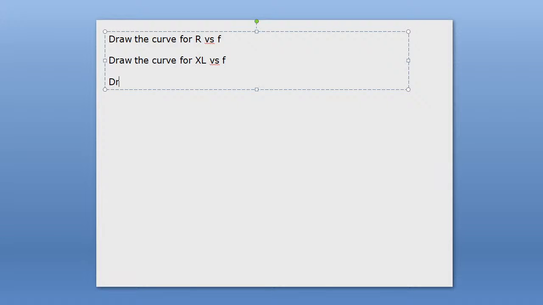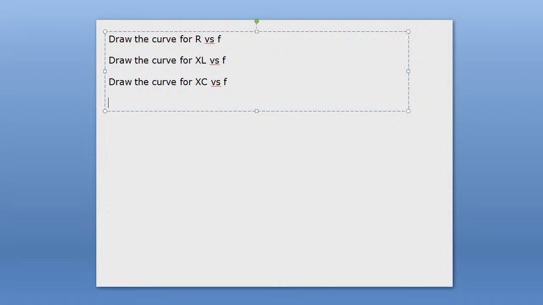Draw the curve for capacitive reactance XC versus frequency of the signal, and finally draw the curve for total impedance Z of the circuit versus F. Anyone can tell me what will be the shape of the curve corresponding to these cases?